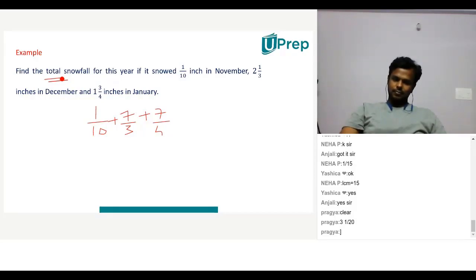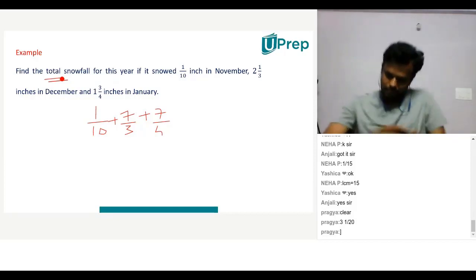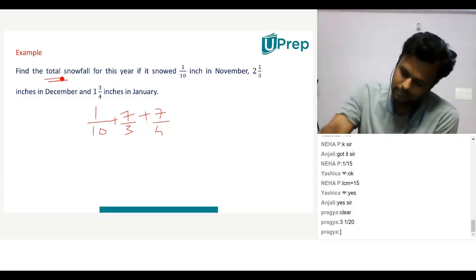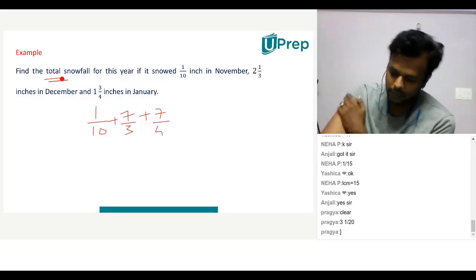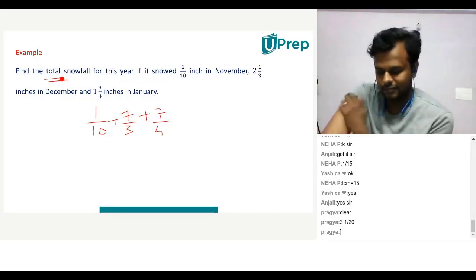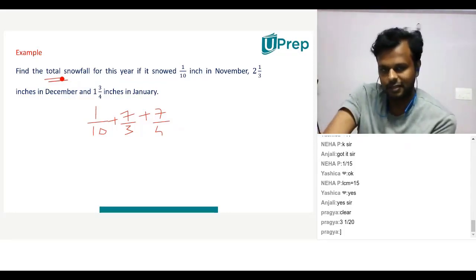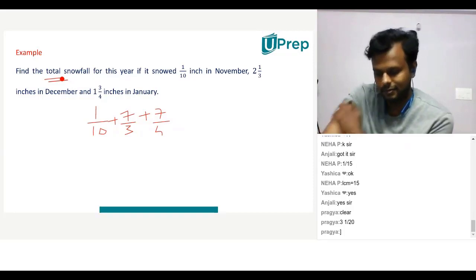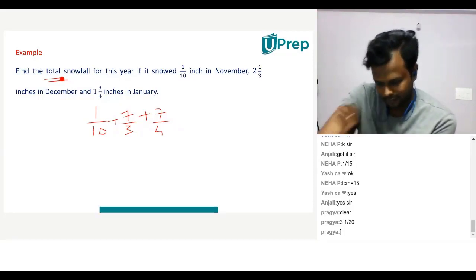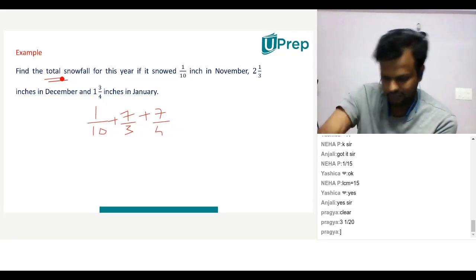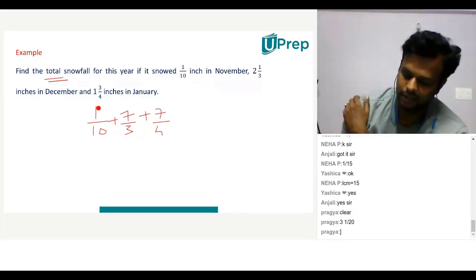Sir, the LCM is again 60. Okay. Yeah, the LCM is again 60. So that means we need to multiply this numerator with 6.